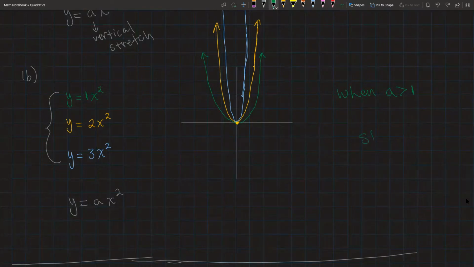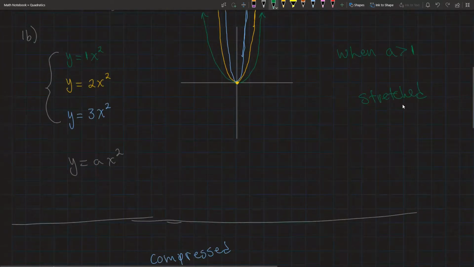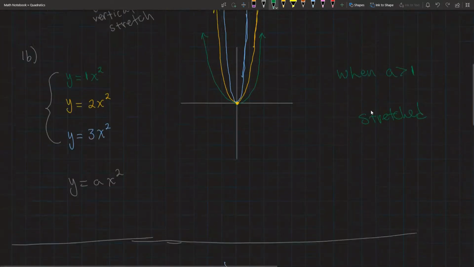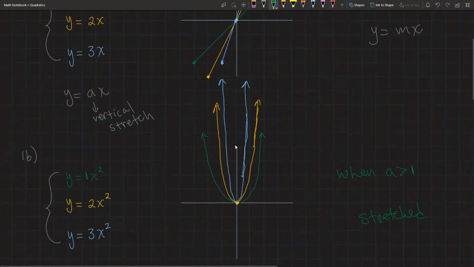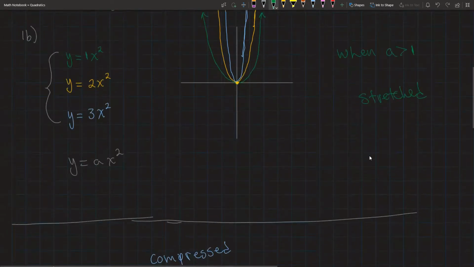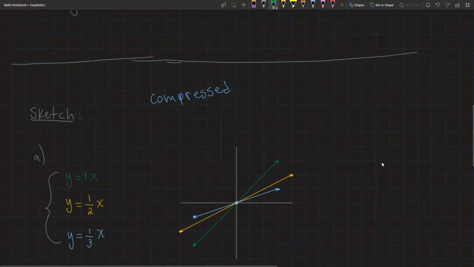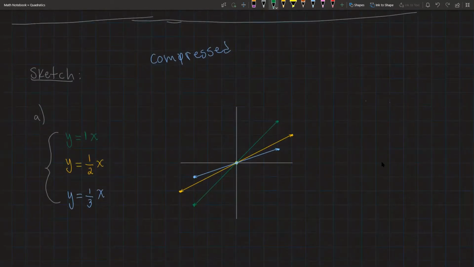It got stretched, remember. It got stretched. So when the a term is greater than 1, the function, whether it was a line or a parabola, it got stretched. And the idea here is, what happens when the a term is less than 1?